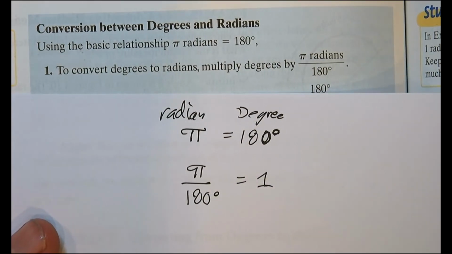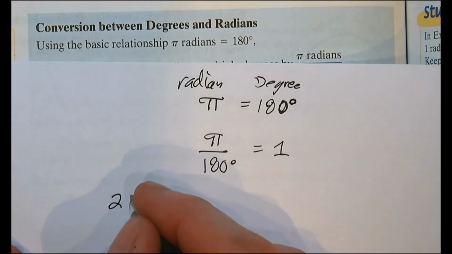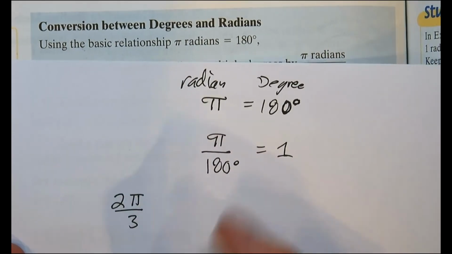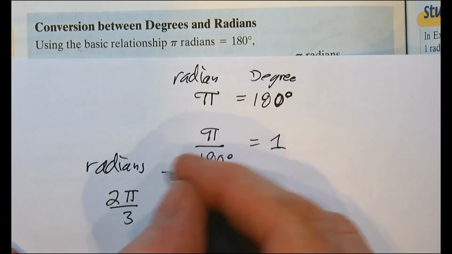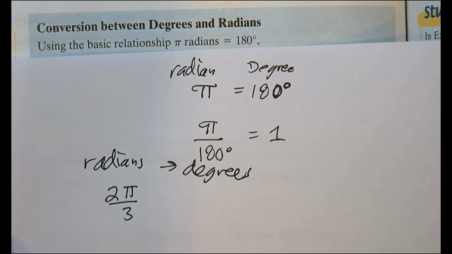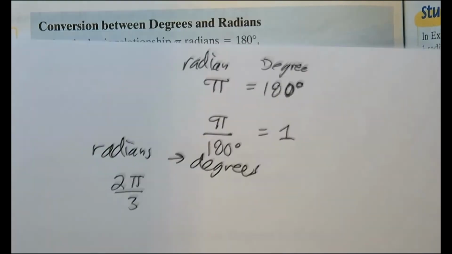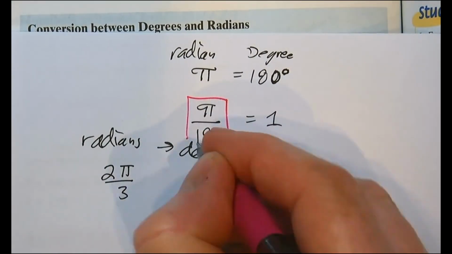And this is your conversion unit. So if someone gives you something like 2 pi over 3, this is radians. And here's the trick. And they say, change it to degrees. Okay, here's the conversion unit. I just gave it to you, and I lost the pen. This is your conversion unit.